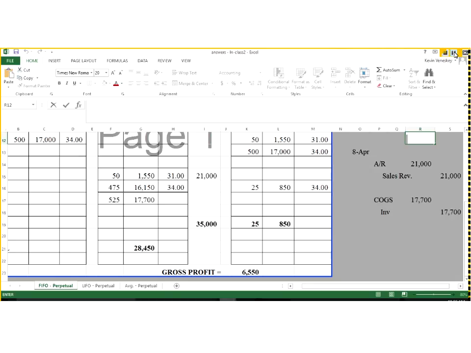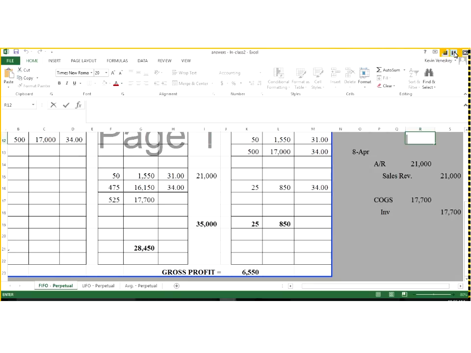I get $33.70, and again, that's rounded. I'm not going to use the exact number. As we go further down, I'm going to use $33.70, which is probably what you'll use on your paper. So when it's time for our final sale, when I sell 525 items, I'm going to take them off my books at this brand new average cost price.